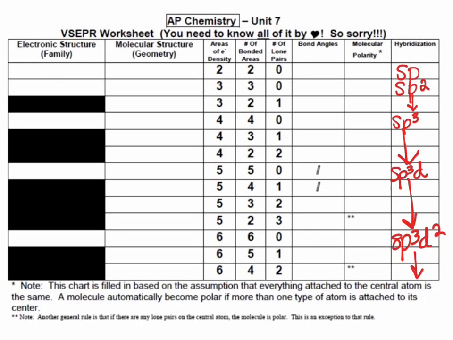Why doesn't it change for the lone pairs and others? Because there are still electron areas there.